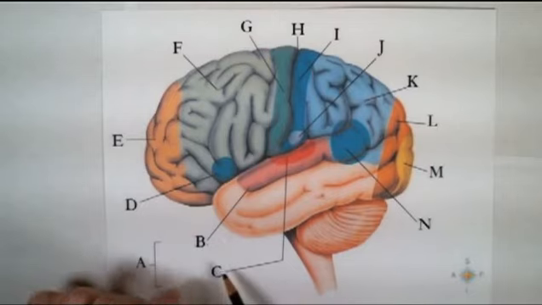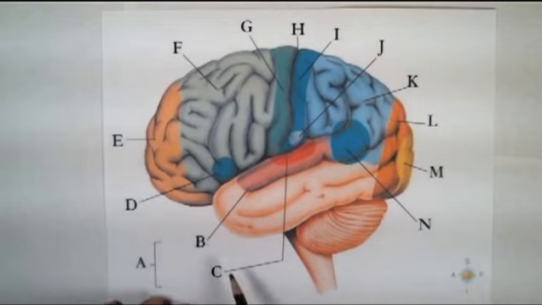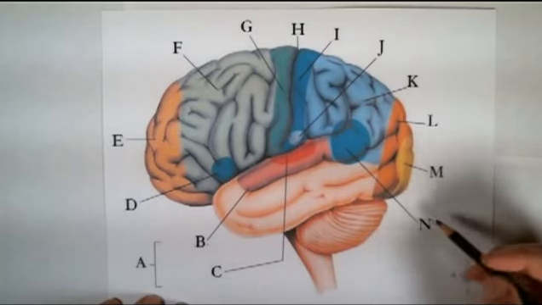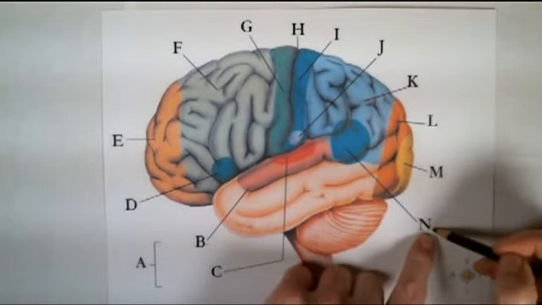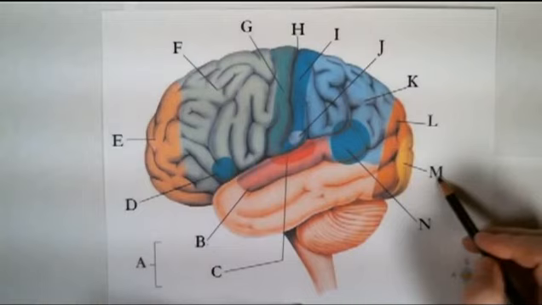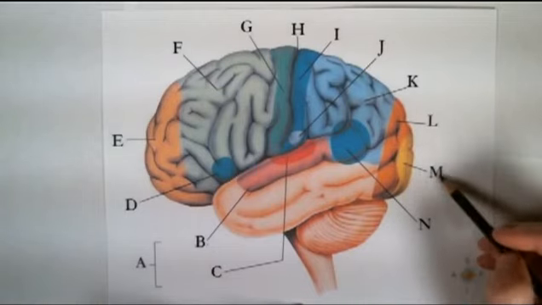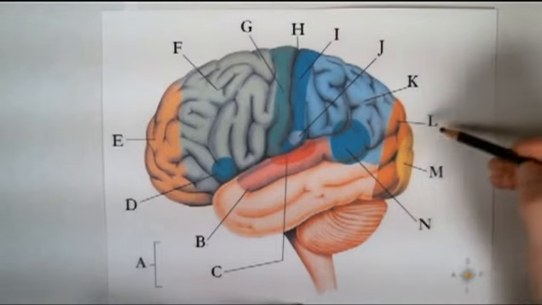The letter B and the letter C together make up a thing called the transverse gyrus. Okay, and I'm going to work my way around even though I'm not going alphabetically here. Letter N, very important area, that is Wernicke's area, or the sensory speech area. Letter M, as in Mary, this area right here that's yellow, is the visual cortex.